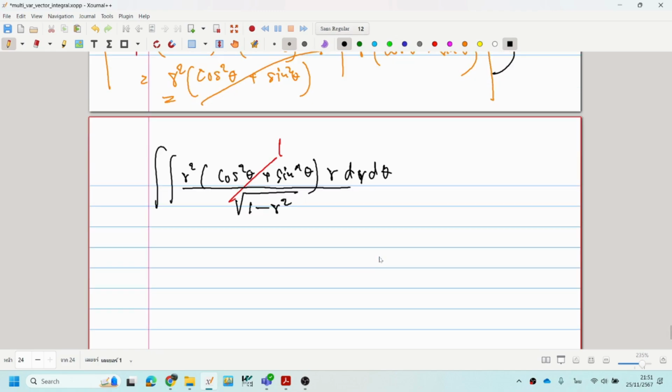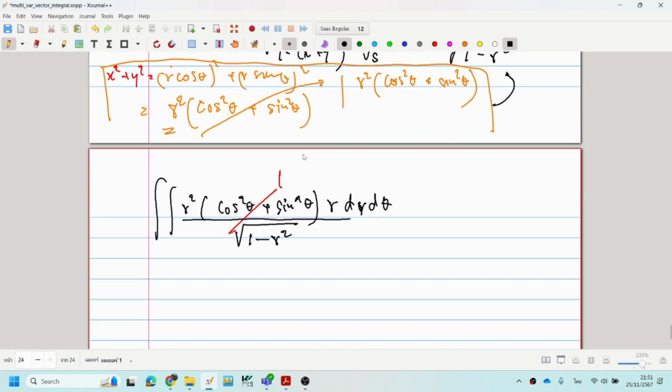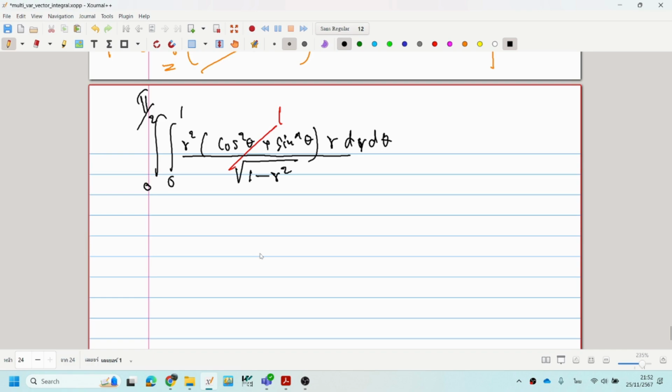And the limits, lower limit and upper limit for the inside integral. r, meaning radius, goes from 0 to 1, and theta goes from 0 to pi over 2, which is 90 degrees.